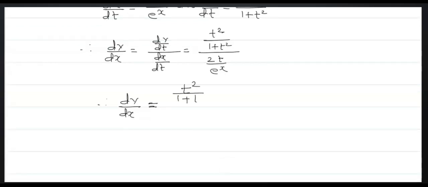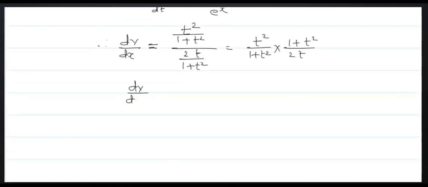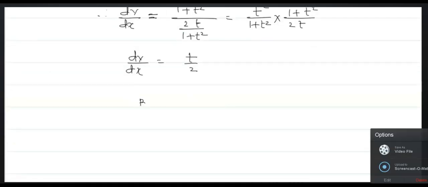Because we are substituting the value of e raised to x, e raised to x is 1 plus t square. Now 1 plus t square from the numerator and denominator get cancelled.